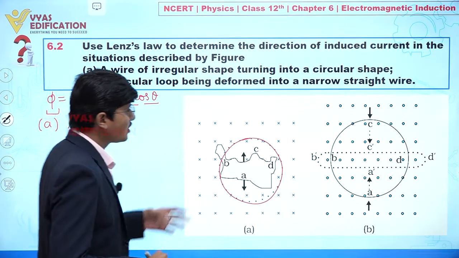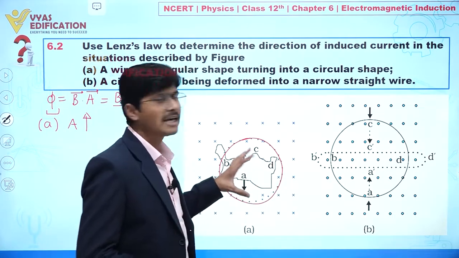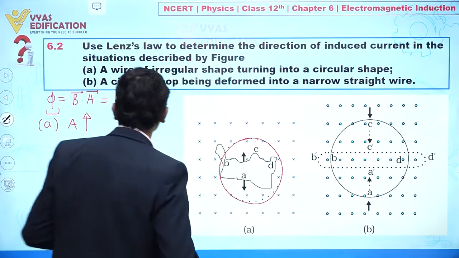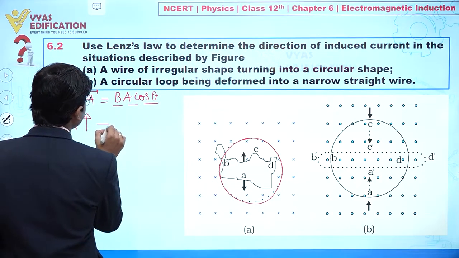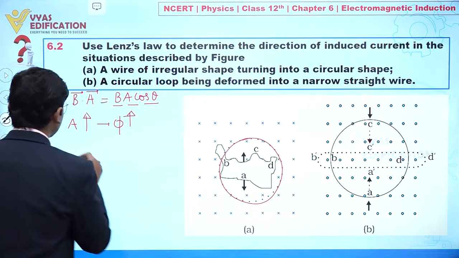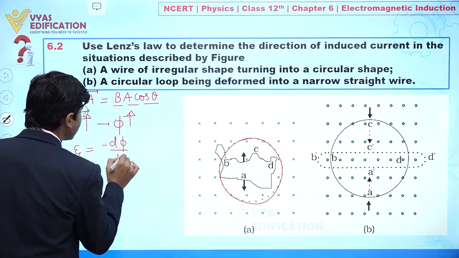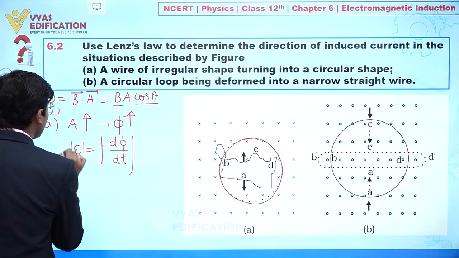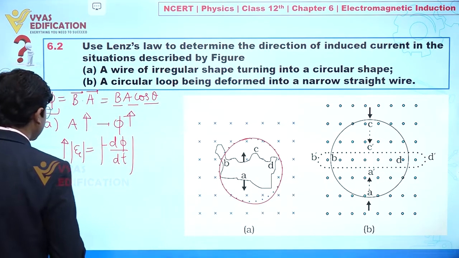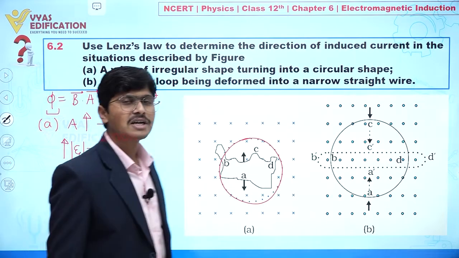We are not changing orientation, so this area is perpendicular to the magnetic field, and the magnetic field we are also assuming uniform. If area increases, phi increases. Whenever phi increases, the induced EMF that is developed also increases, and the induced current that is produced will try to oppose this change.